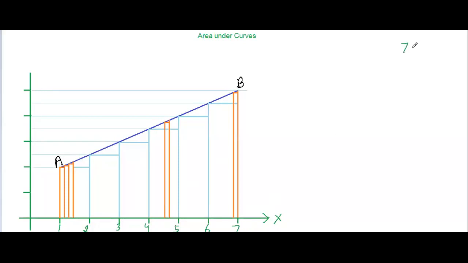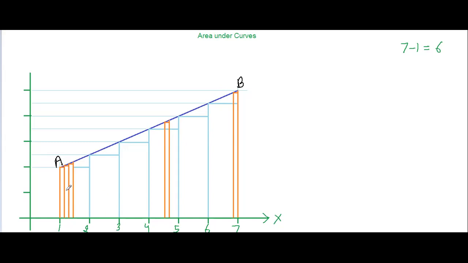So we already know 7 minus 1, 6, is the width of this spread of the line segment AB along the x-axis. I am going to divide this width 6 now not into a known number of parts, but into an unknown number n. I am going to take n parts.